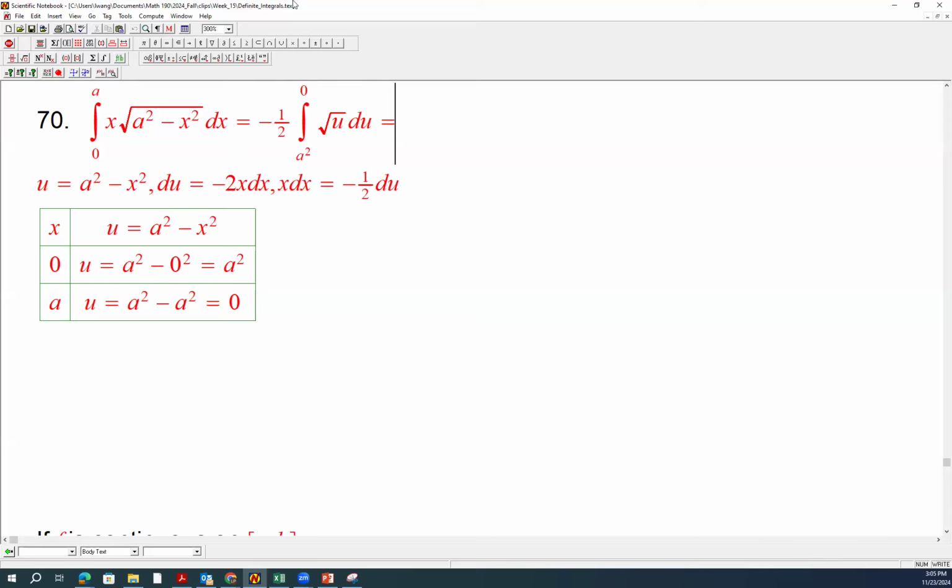And next, a couple of things you can do, okay? Because if we look at the new integral, we have a squared to 0. 0 definitively is the lowest boundary of a squared. So we can swap a squared and 0. If we swap this to 0 to a squared, right?